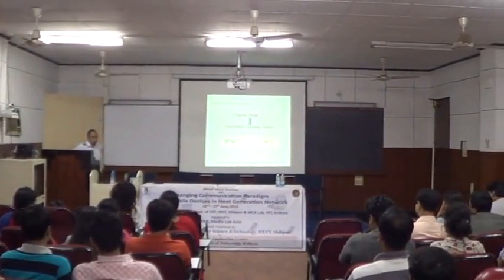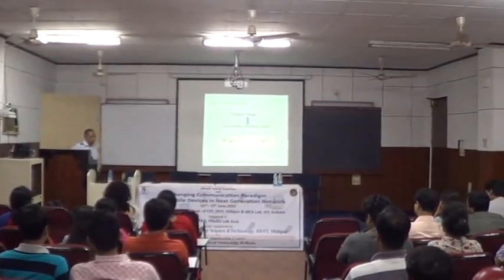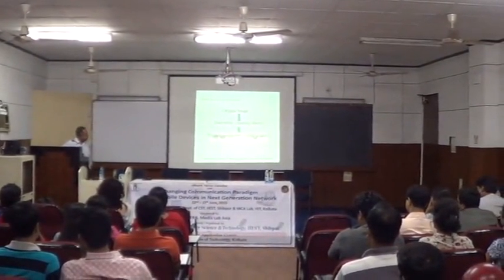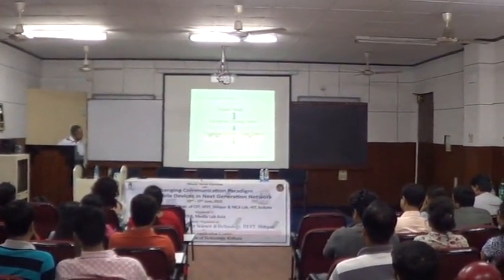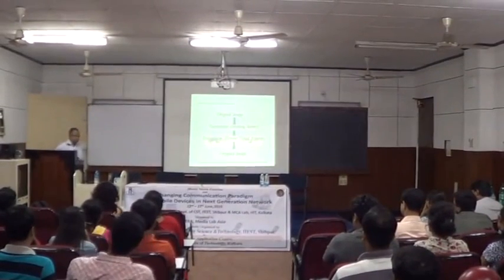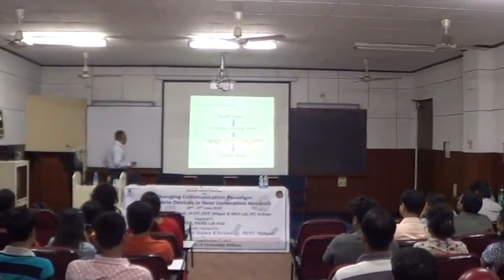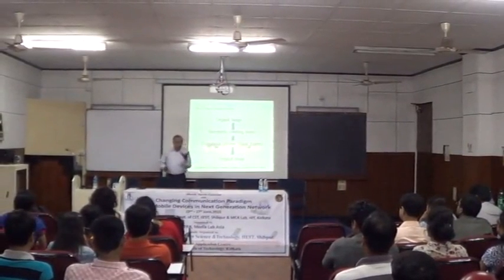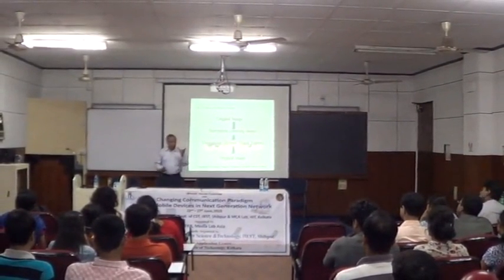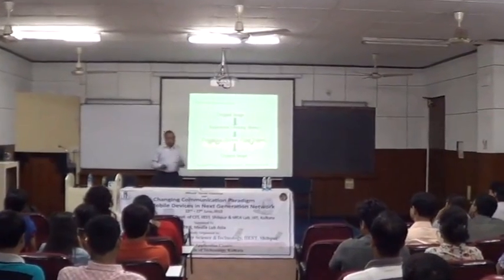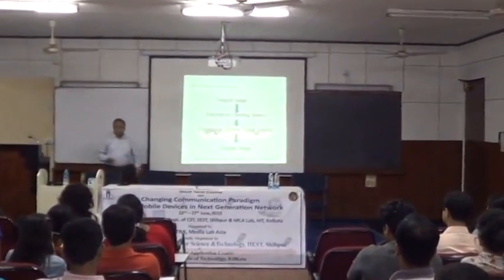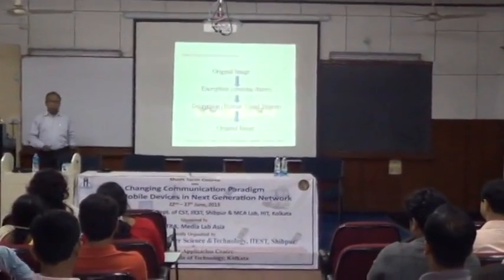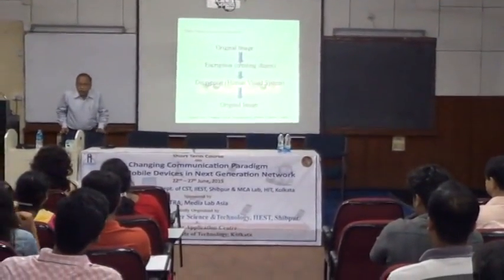This is the power of decoding: the original image. But remember, each share is nothing but a slide. It is not digital content, it is a slide, just like negatives.